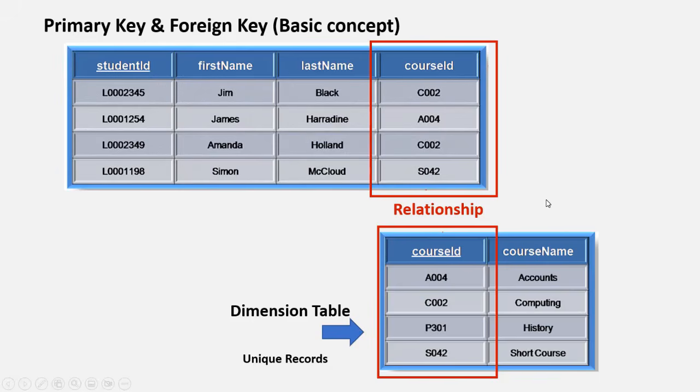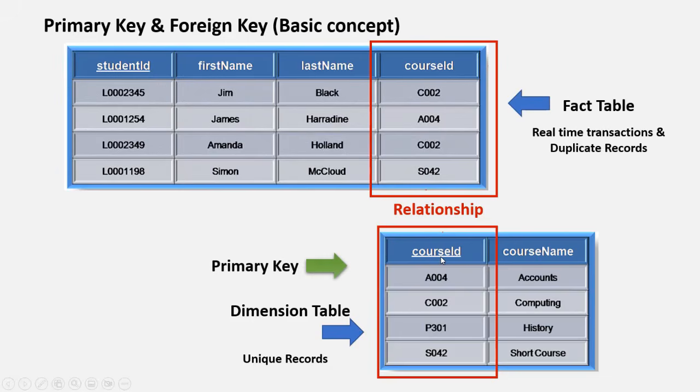Now, the dimension table contains unique records, and the common column in the dimension table will be known as the primary key, and the similar column in the fact table will be known as the foreign key. Okay.